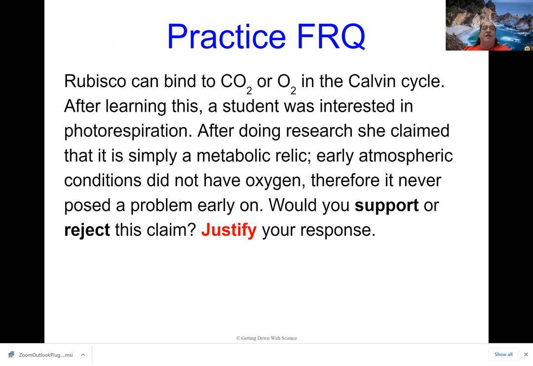Early atmospheric conditions did not have oxygen. Therefore, it never posed a problem early on. Would you support or reject this claim? Justify your response. So you're going to have to go back to the beginning of our photosynthesis notes, when we talked about the cyanobacteria, to guide you here a little bit.